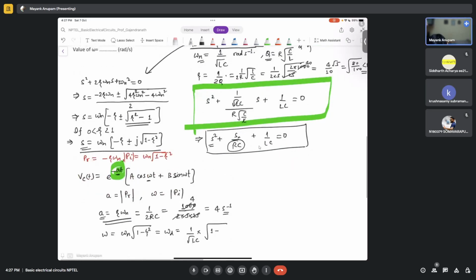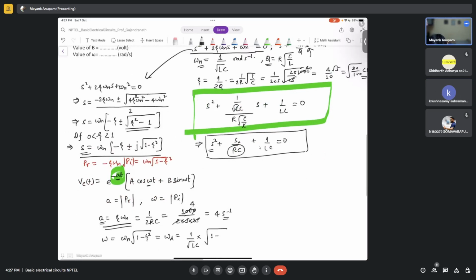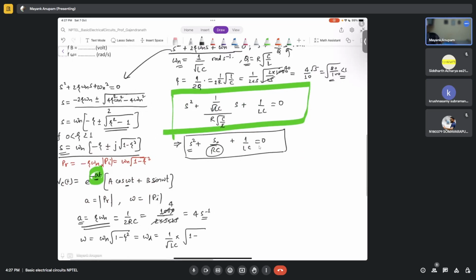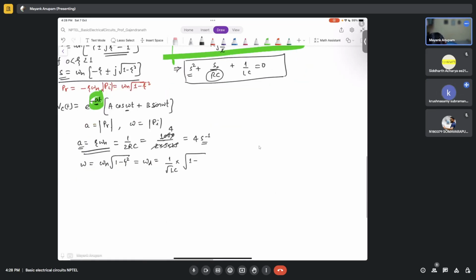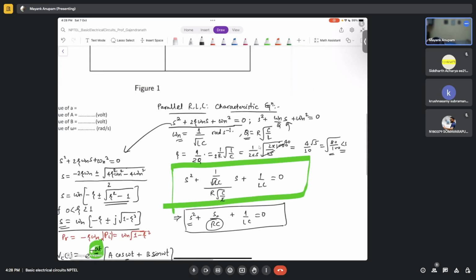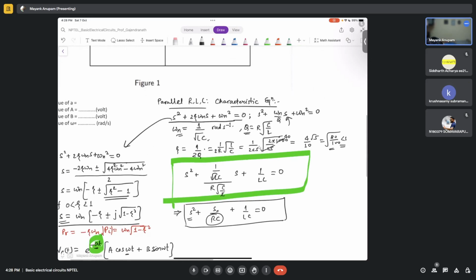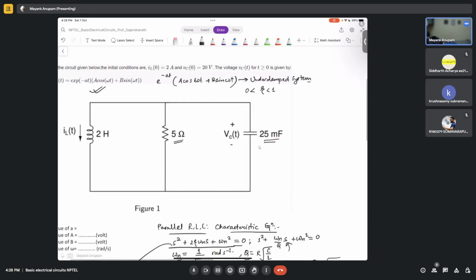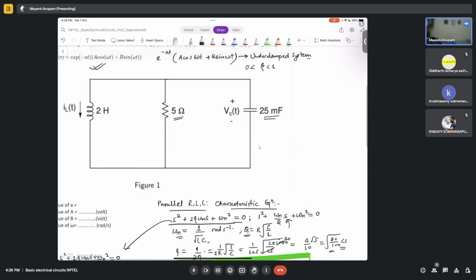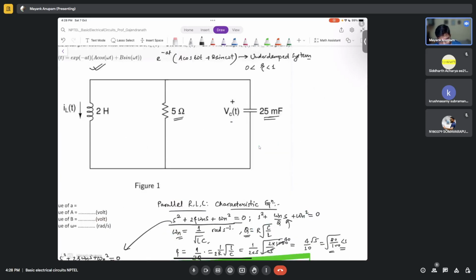What is zeta? You have already found out, right? Zeta is 80 by 100. So it is 20 by 100 under root, into 1 over root LC. What is 1 over root LC? L is 200 and C is 25 milli.